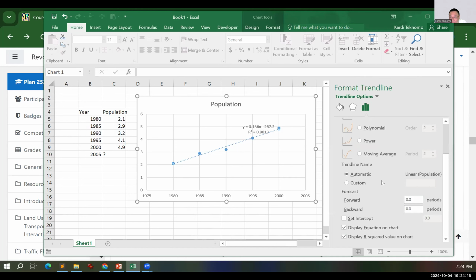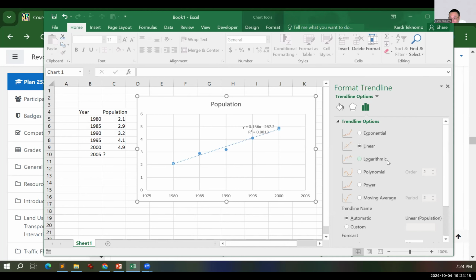Excel has several nonlinear models that you can also use: logarithmic, polynomial, power, moving average, and exponential. Basically only three are useful: exponential, logarithmic, and power, because polynomial and moving average are interpolation rather than extrapolation, and it will become overfit. Up to here, is there any question?